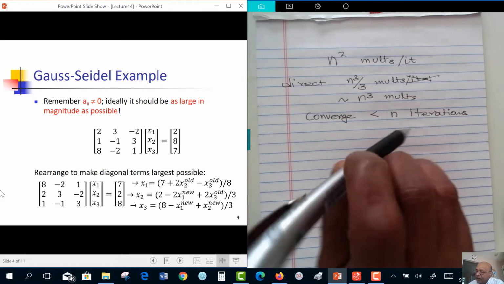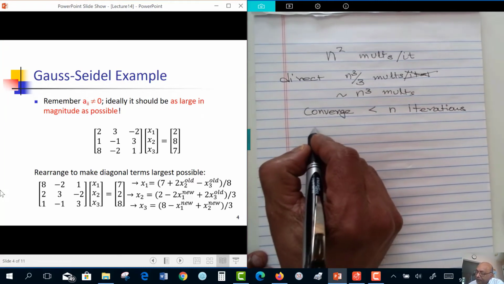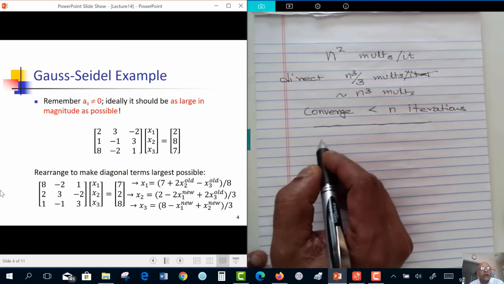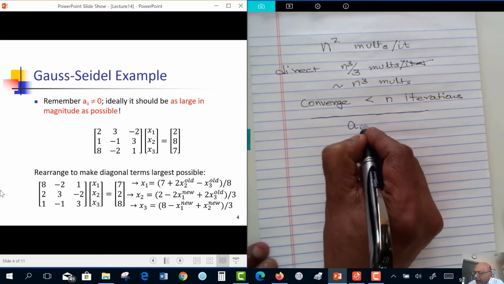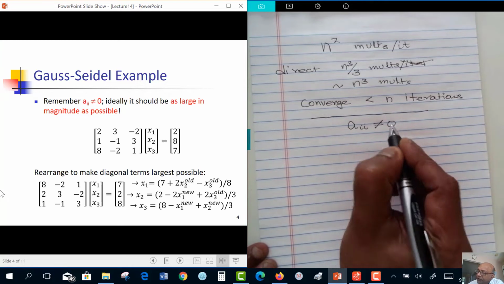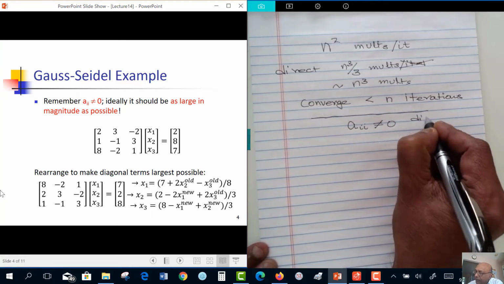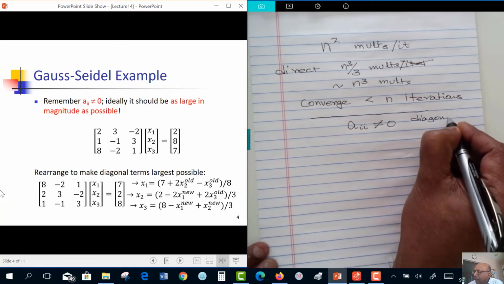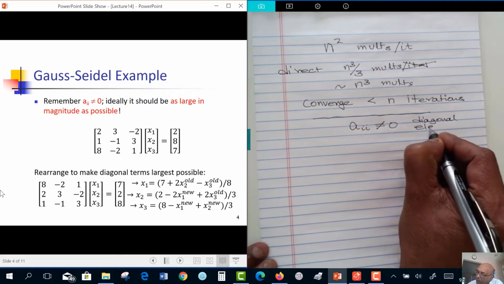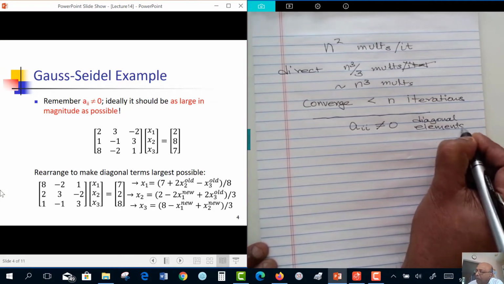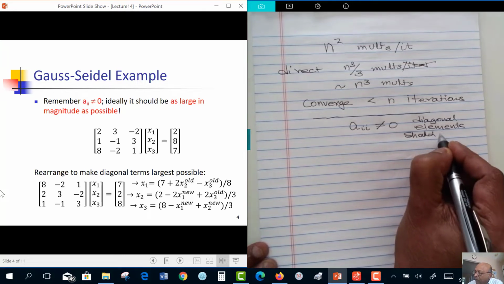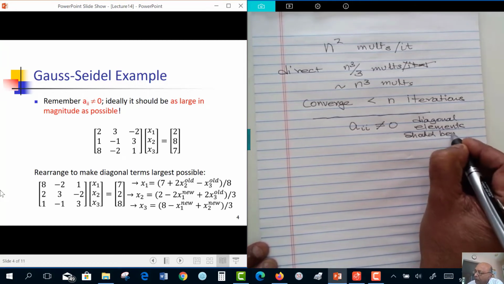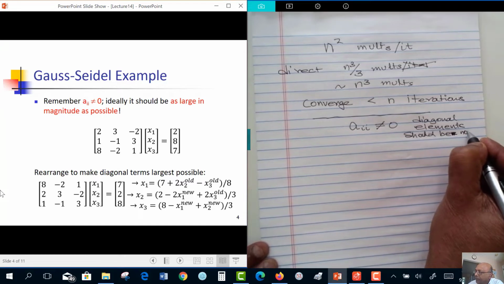So let's look at our Gauss-Seidel method. In our Gauss-Seidel method, remember, we definitely want the diagonal element to be non-zero.